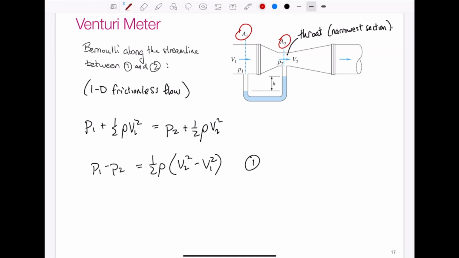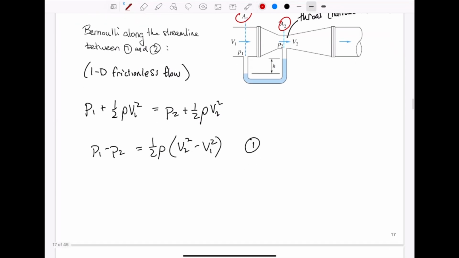So this only works for a continuous flow, which means that the flow rates of these two sections, our Q values, have to be the same. So because our flow is steady, Q1 must equal Q2, which is just equal to, we'll call it our flow rate.